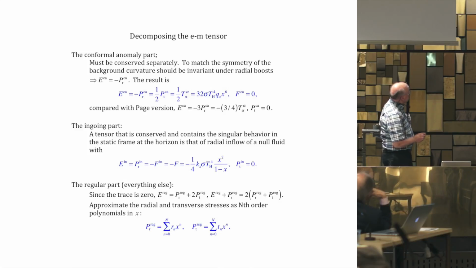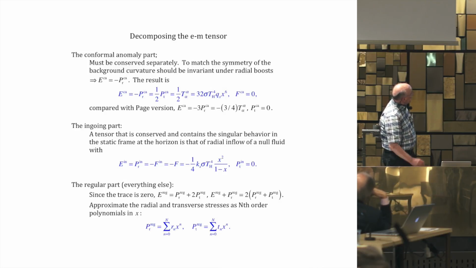Now, because the background curvature for Schwarzschild is invariant under radial boost, that should also be true for the energy momentum tensor associated with the background curvature.